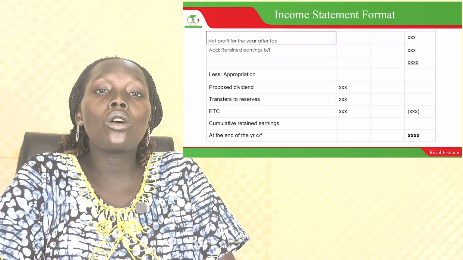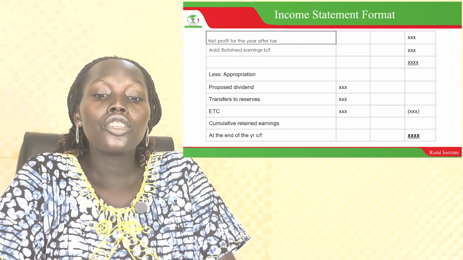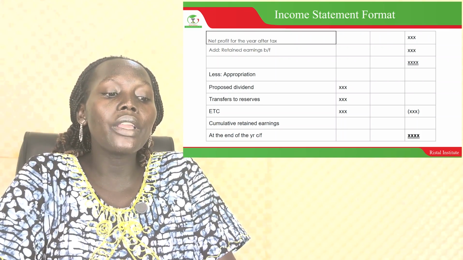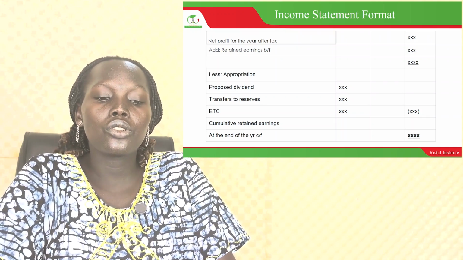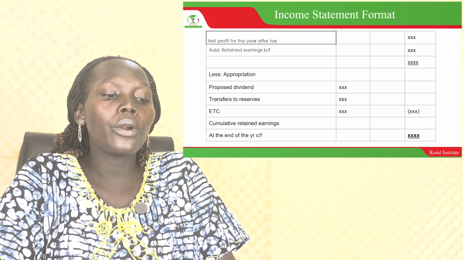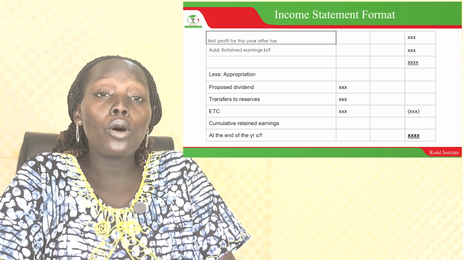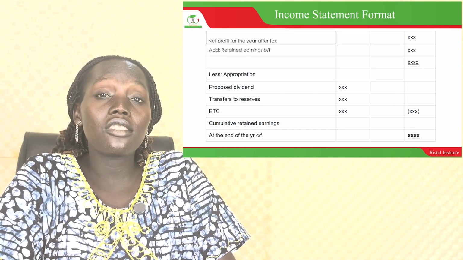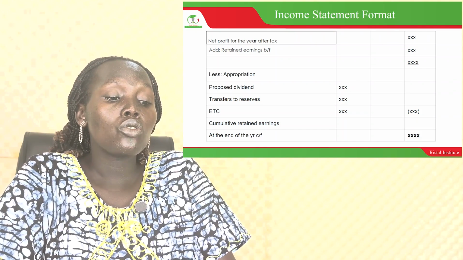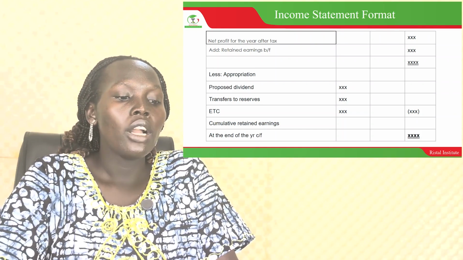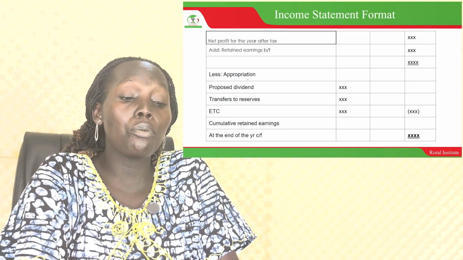Then you add what we call retained earnings, if you have any. Then we less what we call appropriation, and then we get the answer. We add what we call proposed dividends. If you have dividends in your company, you add, and then also we get transfer to reserve.